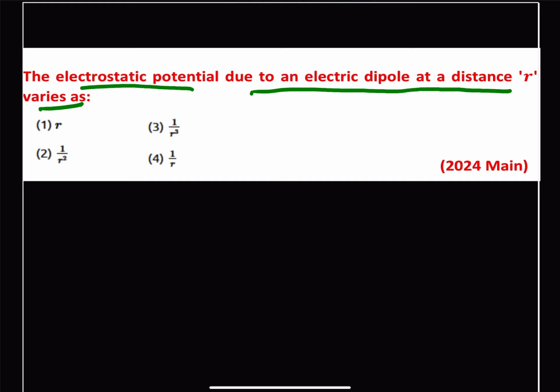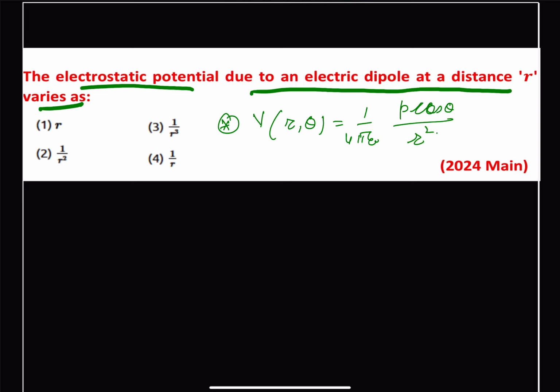We have to find out the general formula for the electric potential due to an electric dipole, and that is directly based on the formula that the potential, which is dependent upon r as well as theta, is equal to 1 upon 4 pi epsilon naught, and this comes as p cos of theta divided by r square.